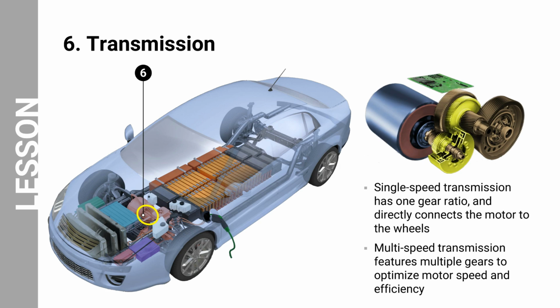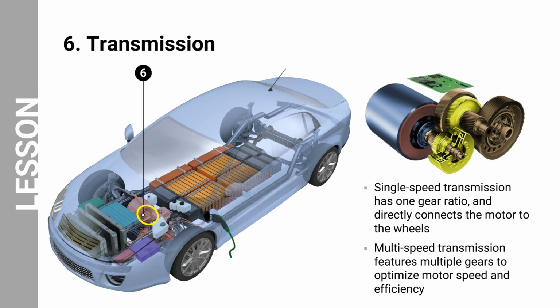In a single-speed transmission, there is only one gear ratio available, meaning the electric motor is directly connected to the wheels. This allows the motor to operate at a constant speed while the vehicle is accelerating, meaning going faster, or decelerating, meaning slowing down. This allows the BEV to always operate at its most efficient speed.